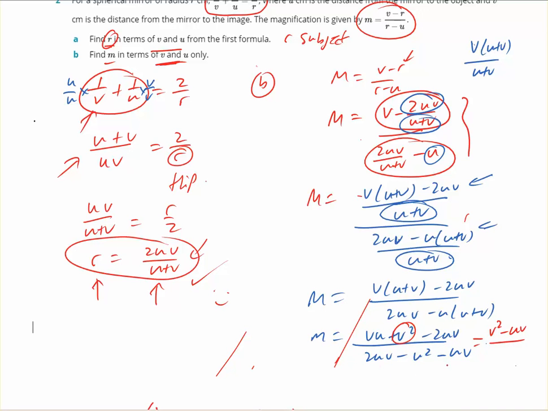And on the bottom, we've got 2UV minus 1UV, which is UV, minus U squared. Okay, and I believe that's as far as you can go with the simplification. Hopefully that helps.